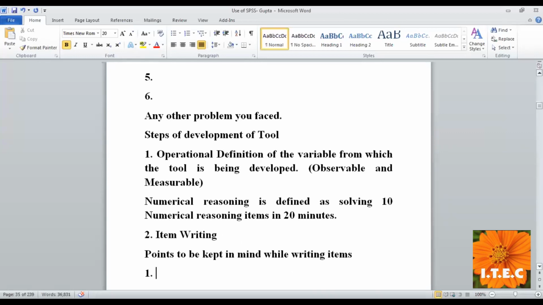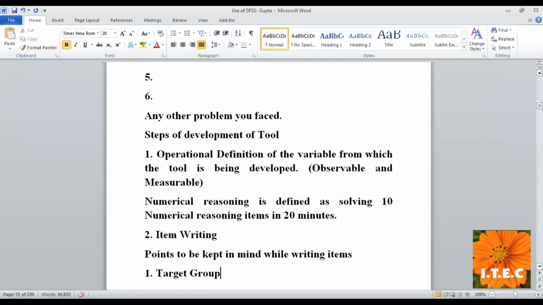So number one is your target group. You must know for whom you want to develop that tool.